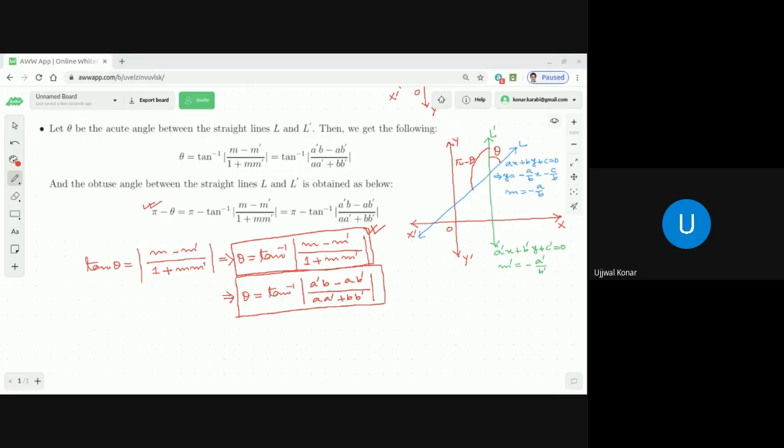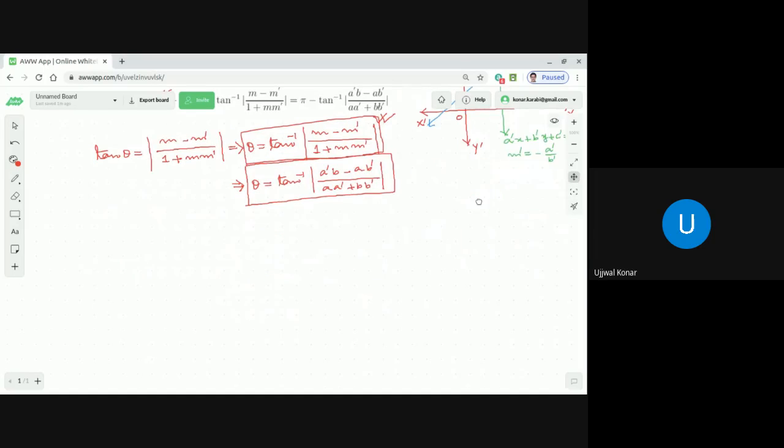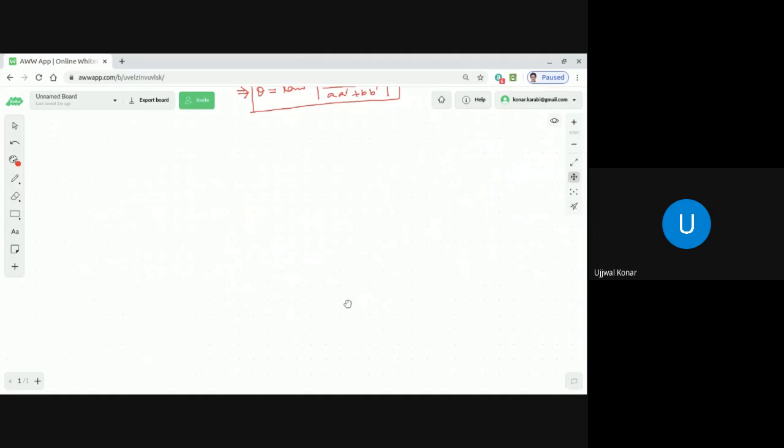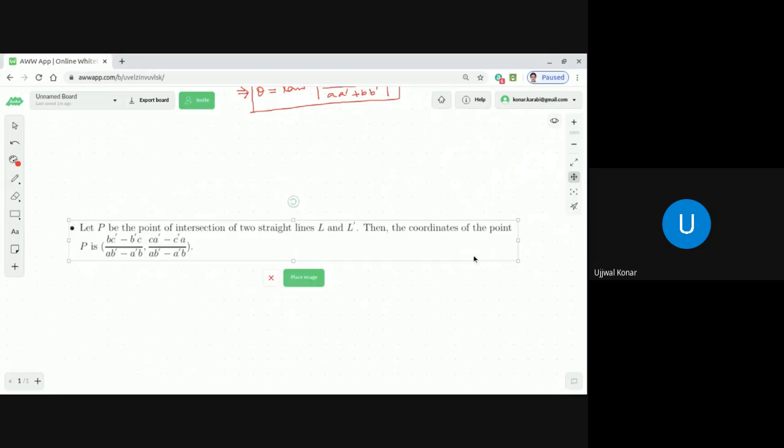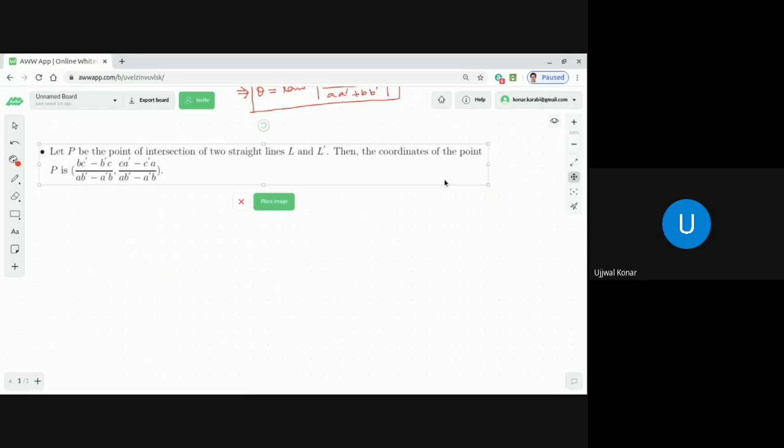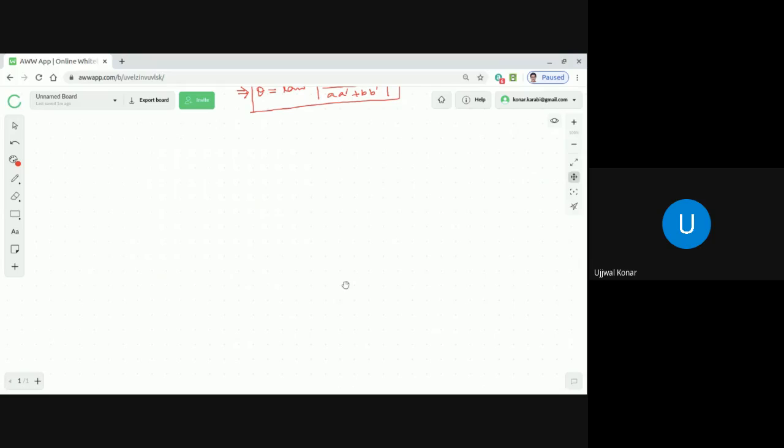Suppose these two straight lines L and L dash actually intersected at the point P, and we are going to find the point of intersection of these two straight lines. Okay, so let me give you a visual representation, dear students, and then we will discuss.